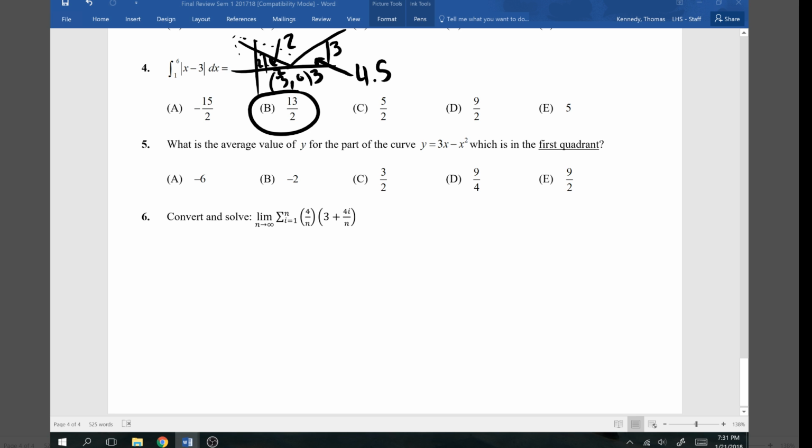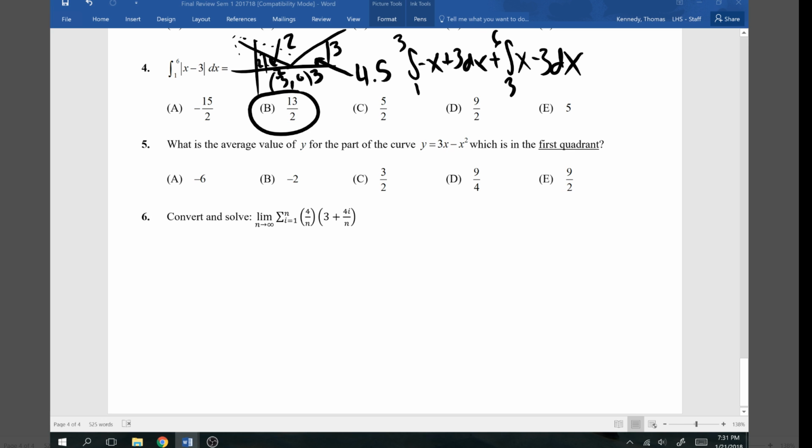So you can call it the integral from 1 to 3 of the negative of that thing, which is negative x plus 3, and add to that the integral from 3 to 6 of x minus 3. And this would also get you 13/2. It just would take more effort.